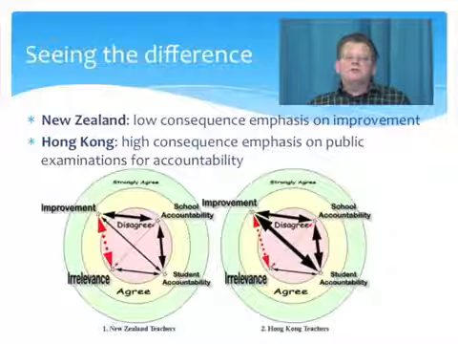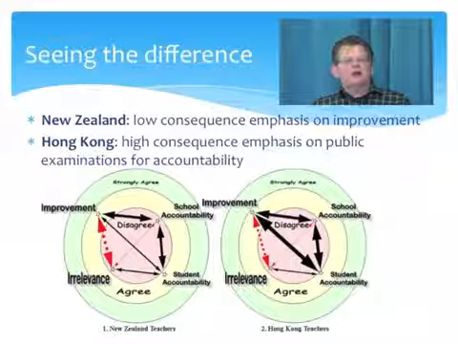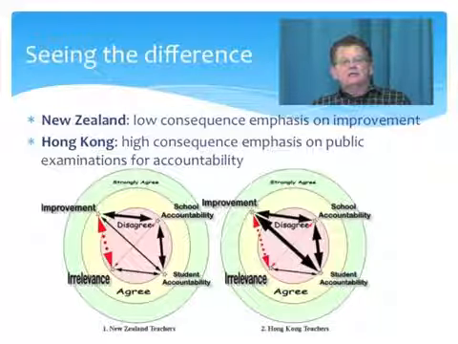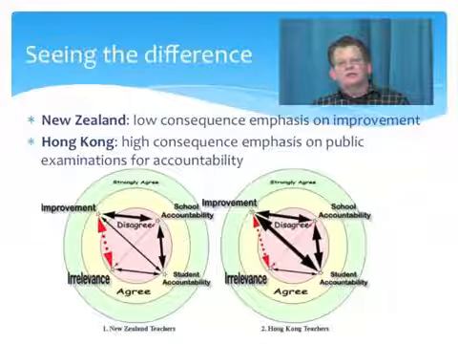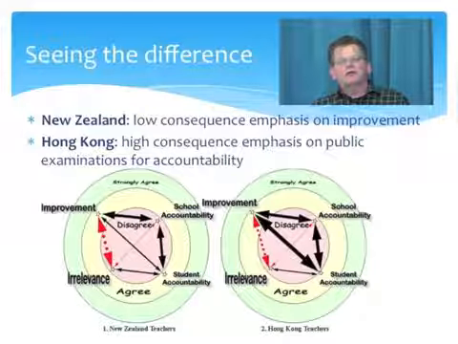But where it's really different between these two diagrams is not where the scores lie, but the arrows between them, how thick they are. The thicker the arrow, the stronger the agreement. And the biggest difference is the arrow between improvement and student accountability. For New Zealand teachers, this is very low, around 0.2, 0.25 correlation. It's a very weak association.